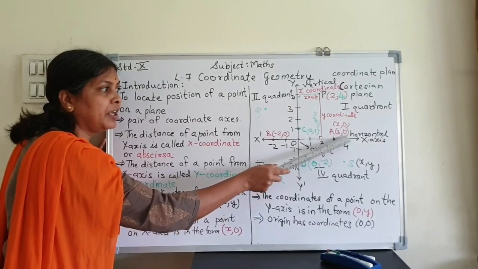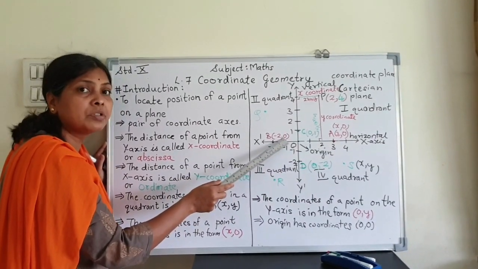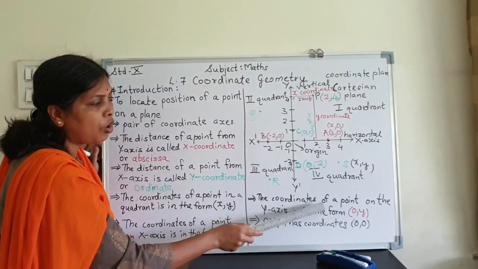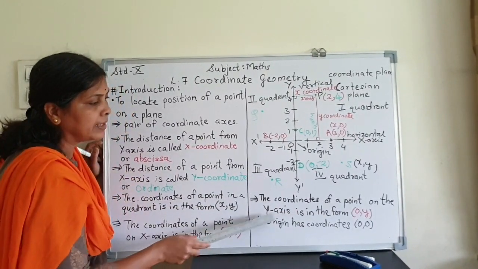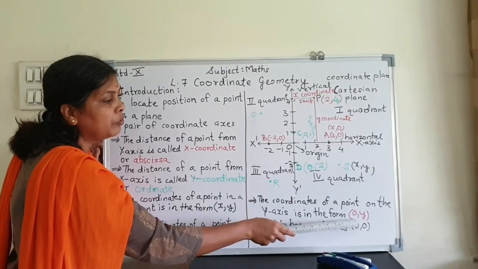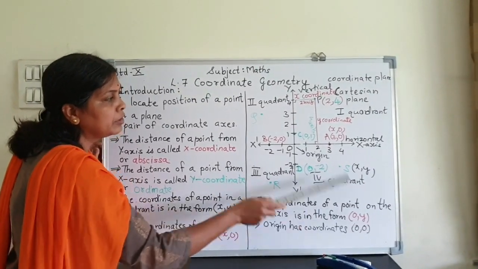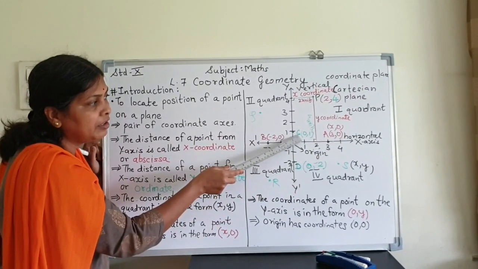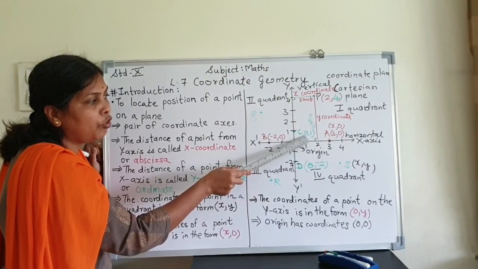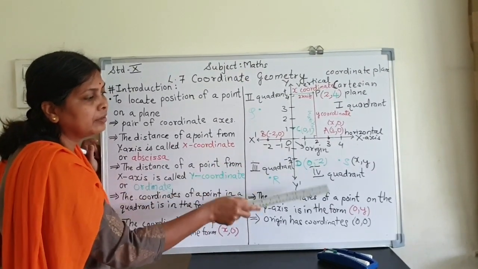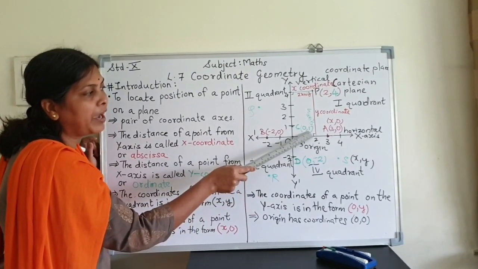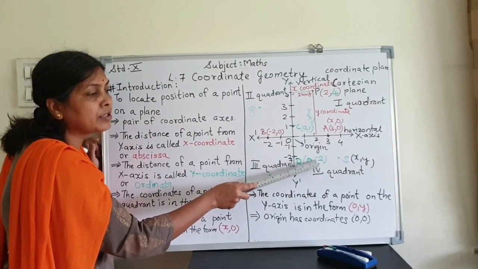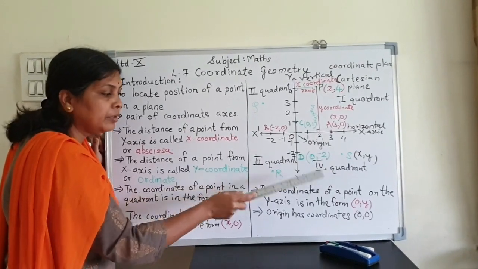You can see here (3, 0), (-2, 0). Next, the coordinates of a point on the y-axis are in the form (0, y). You can see on the y-axis, points given here as point C, which is written as 0 for x coordinate and 1 unit for y coordinate. Point D again 0 for x coordinate and -2 for y coordinate.